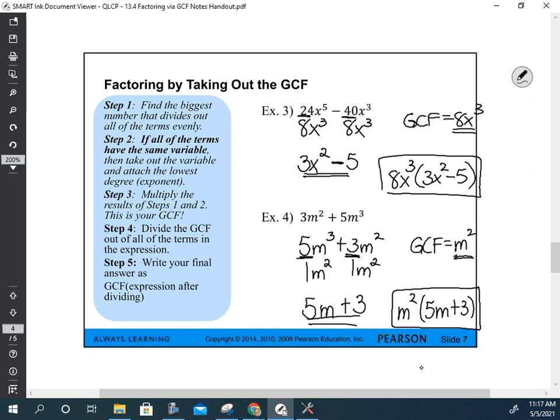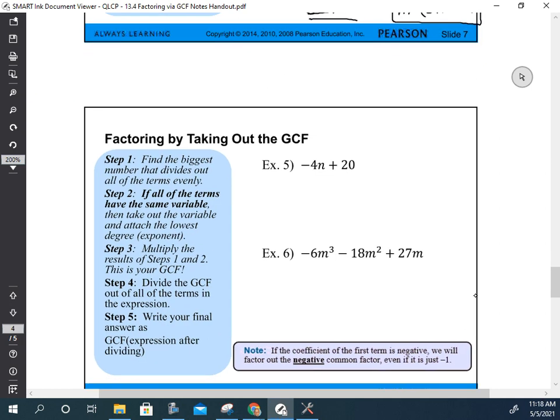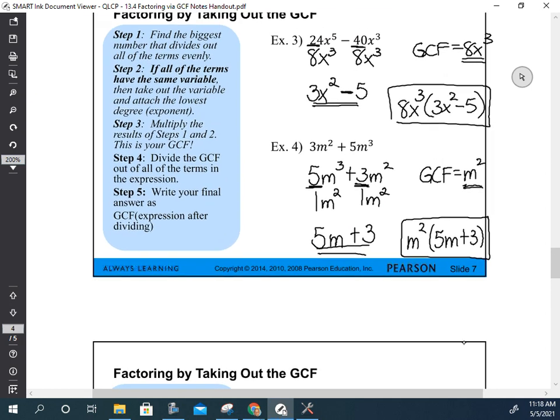That's that. Problem's over. Any questions before we deal with negatives after we finish example 5? Okay. Yes, go ahead.